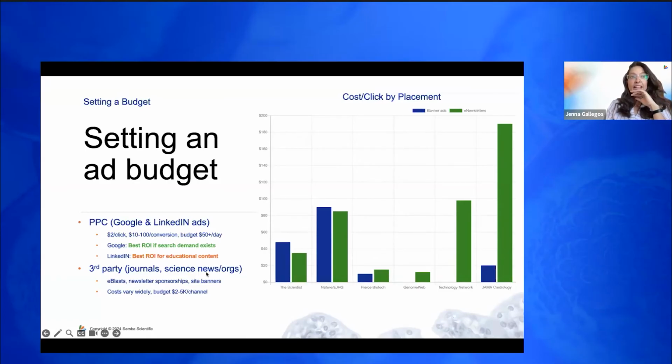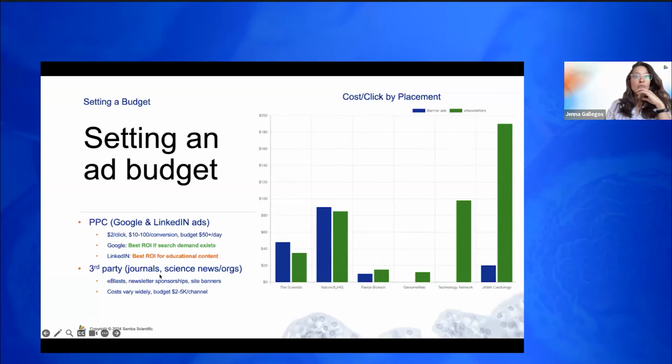Then we have the third-party ads: journals, science, news orgs. What's great about those is they offer a variety of formats. So there's e-blasts, where you send an email and they send it to their opted-in lists. Newsletter sponsorships, where you just put an ad in their regular newsletter that goes out to their lists, or site-wide banners.